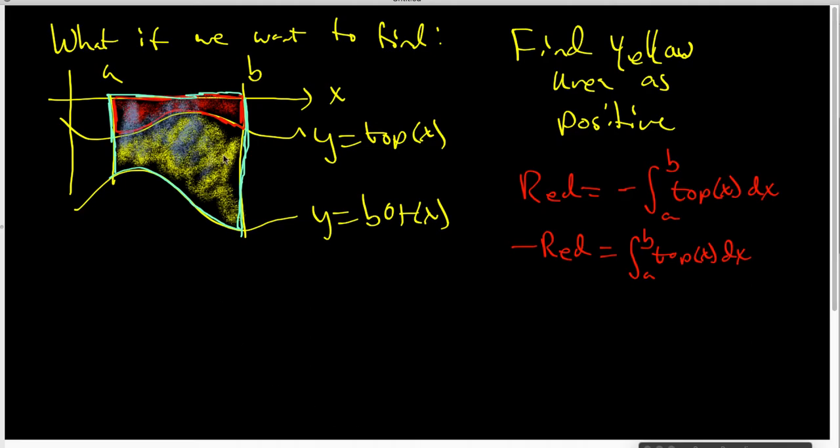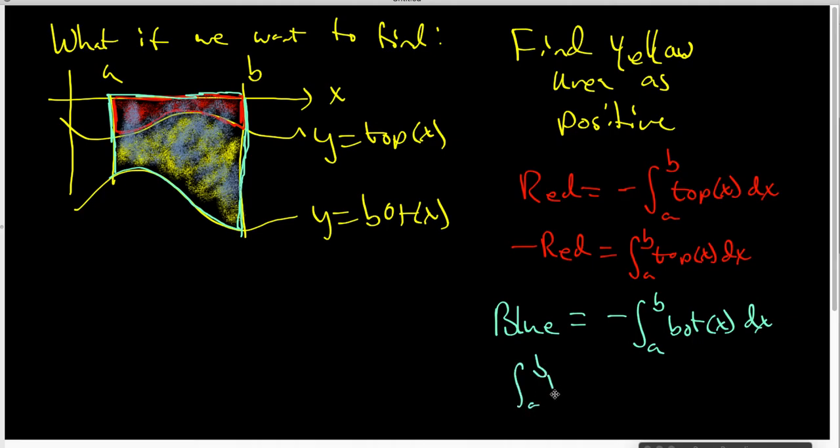And this blue area as positive area is going to have to be minus the integral between a and b of bottom of x dx, because bottom is below the x-axis. In other words, the integral between a and b of bottom of x dx is actually a negative area. And since I want positive area, I have to throw in that minus sign.